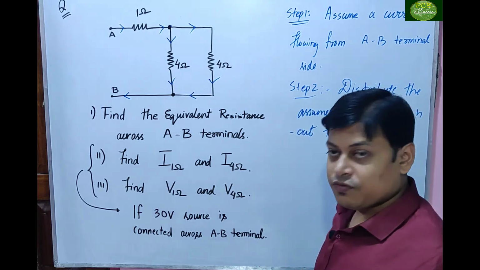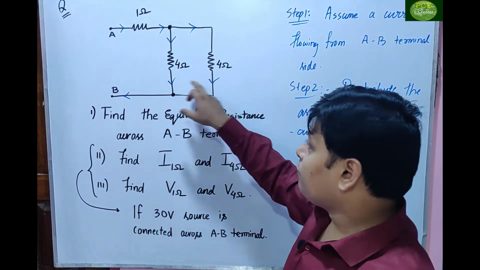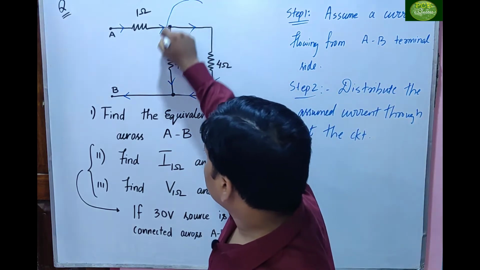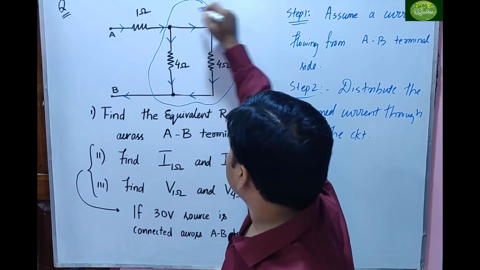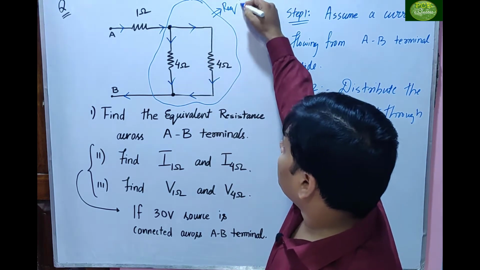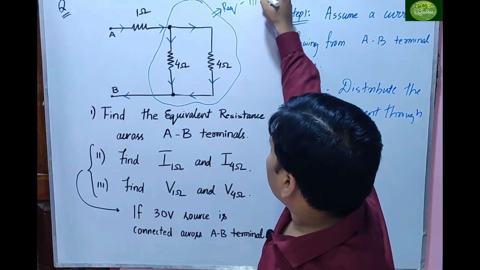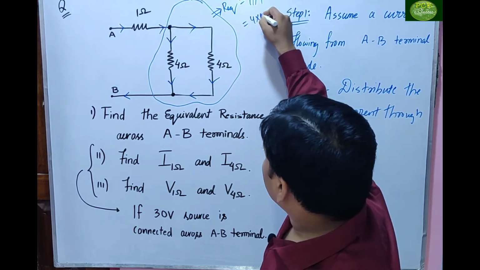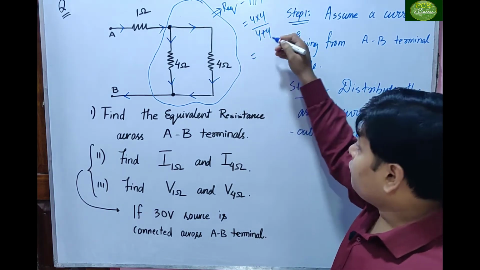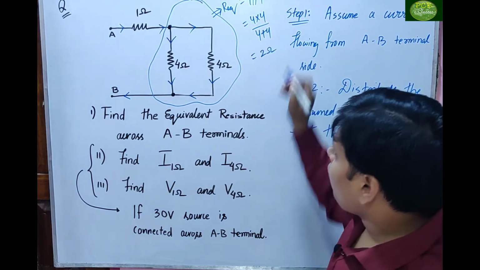So I will redraw that. If I find the equivalent, what will be the R equivalent across 4 ohm and 4 ohm? I'll write 4 parallel 4, that is 4 into 4 divided by 4 plus 4. So what will this be? 2 ohm.